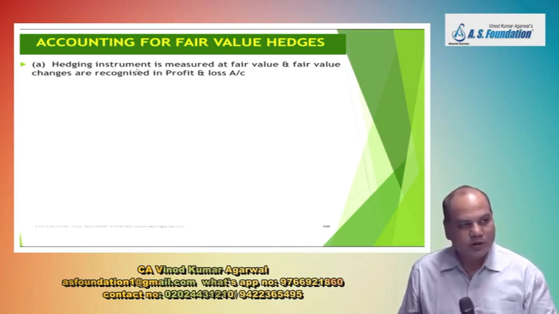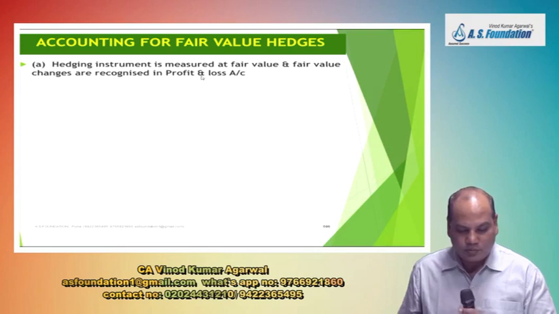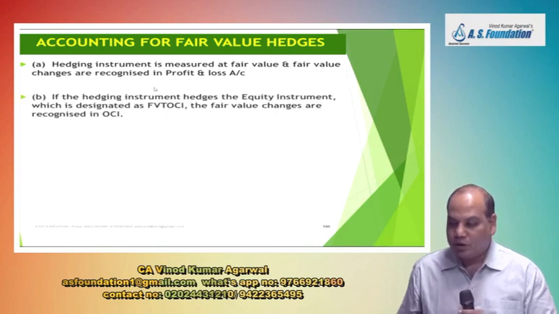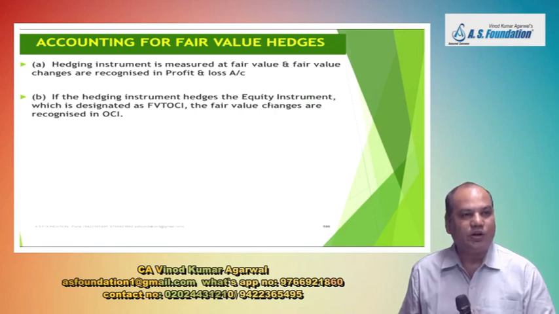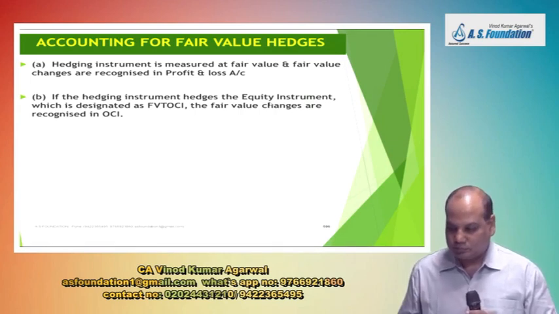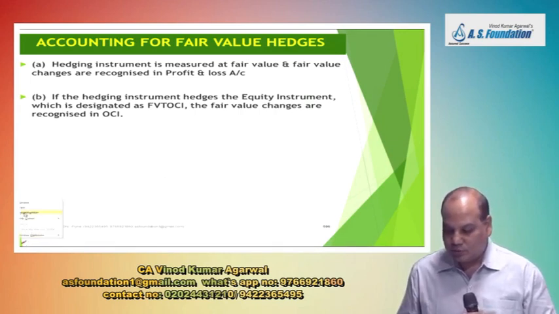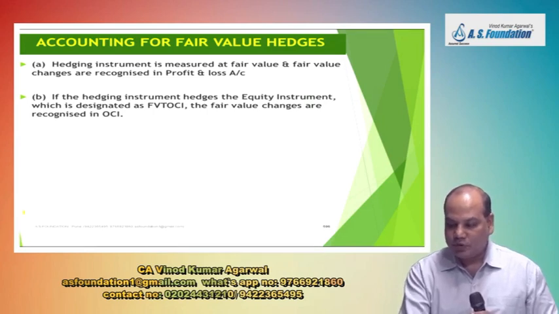The derivative as hedging instrument will be measured at fair value, and the fair value will be recognized in the P&L account. But there is a small exception here: if the hedging instrument hedges an equity instrument, this is something you have to understand and keep in mind while solving a question.